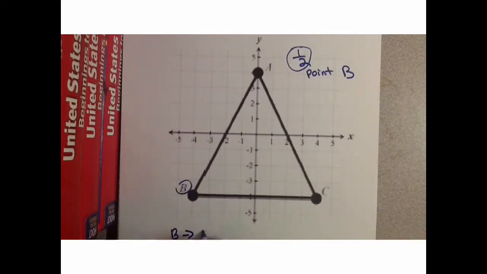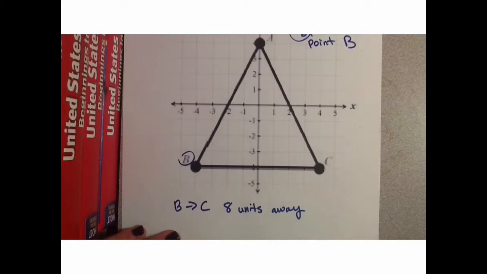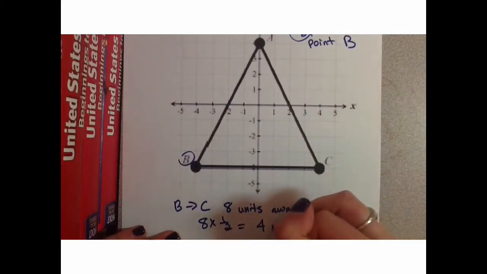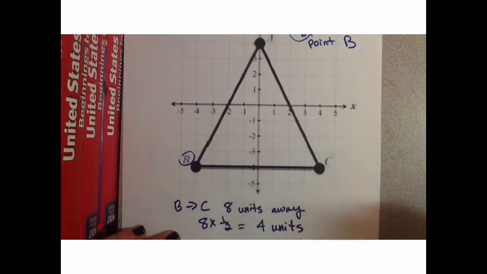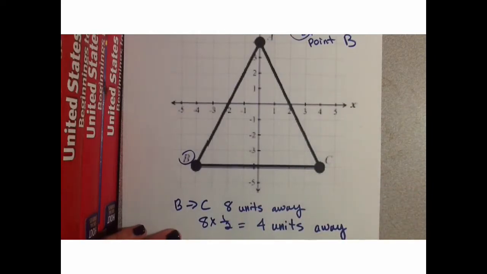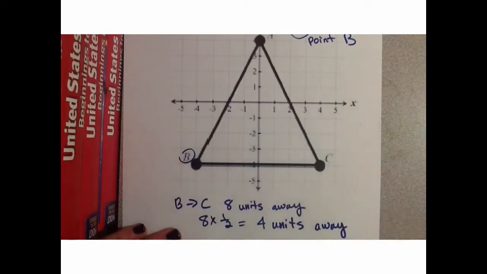So from B to C, it's 8 units away. And I'm going to multiply that number, 8 times 1/2, which is 4. So C prime is going to need to be 4 units away from B, which is our anchor point.